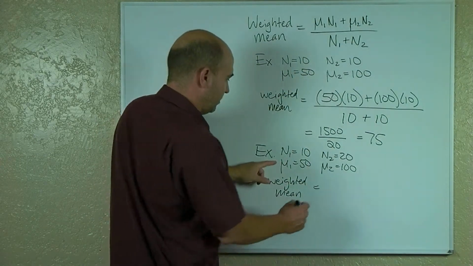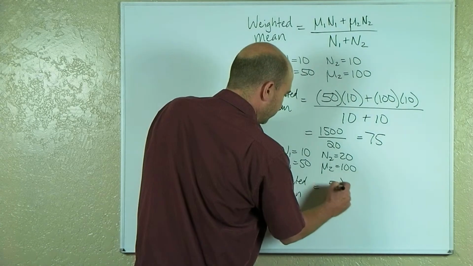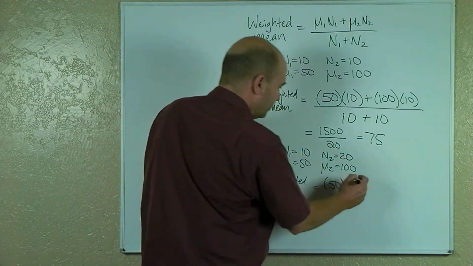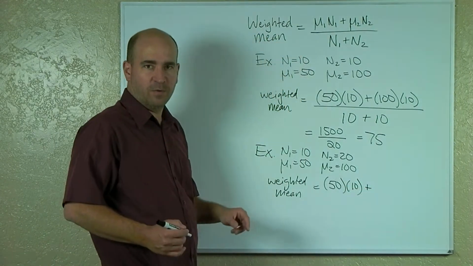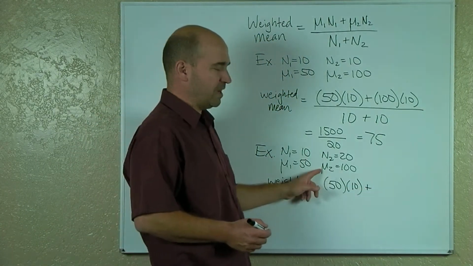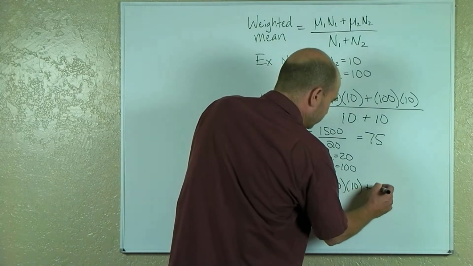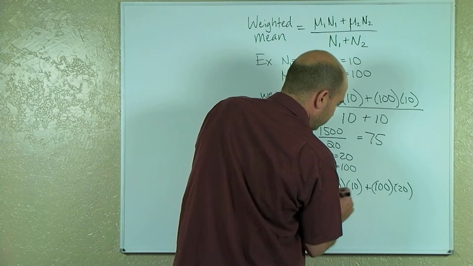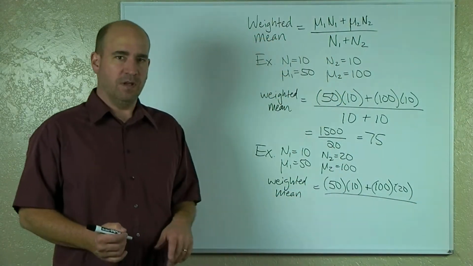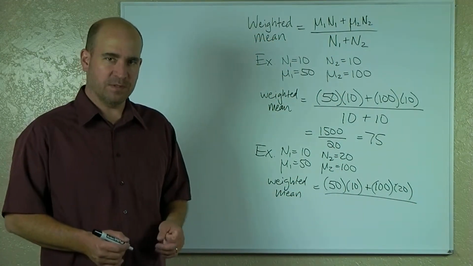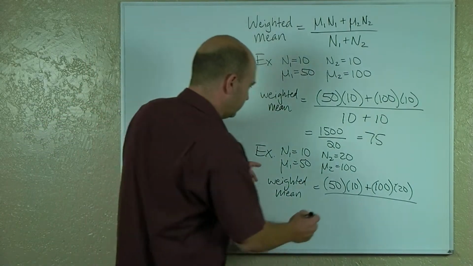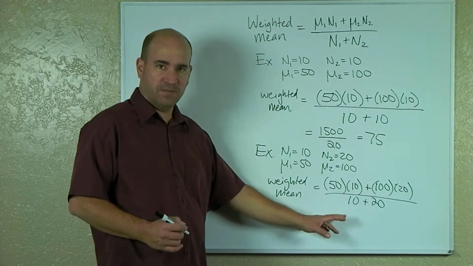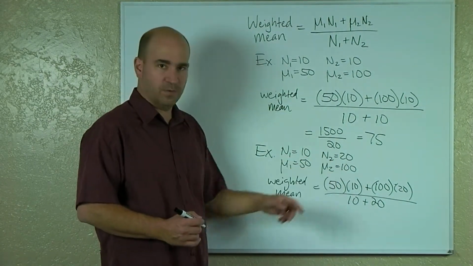So I have a first group mean of 50 times the sample size of 10 plus the second group mean of 100 times the sample size of 20. Okay, and that goes over the sum of our two sample sizes, which is 10 plus 20. I got that, the 10 plus 20, from right here.